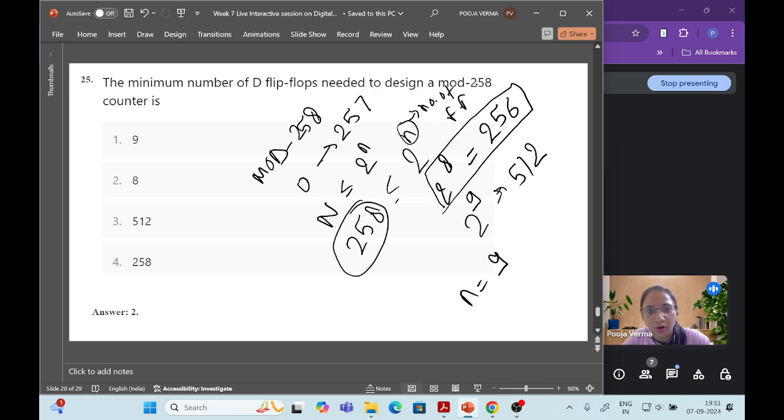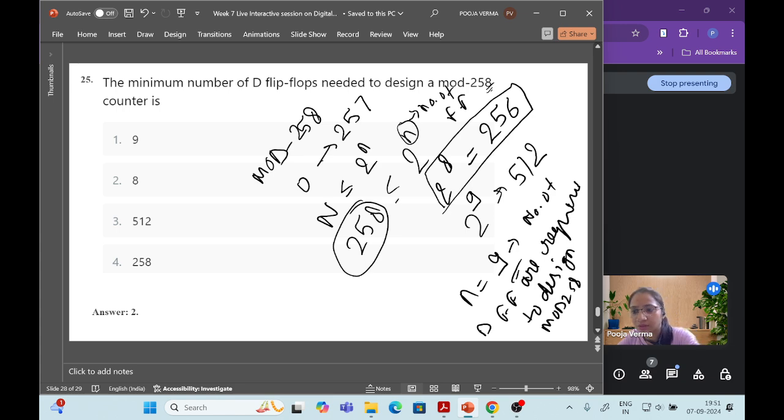But here a mod 258 counter is required, so we need n equal to 9. So 9 D flip-flops are required to design a mod 258 counter.